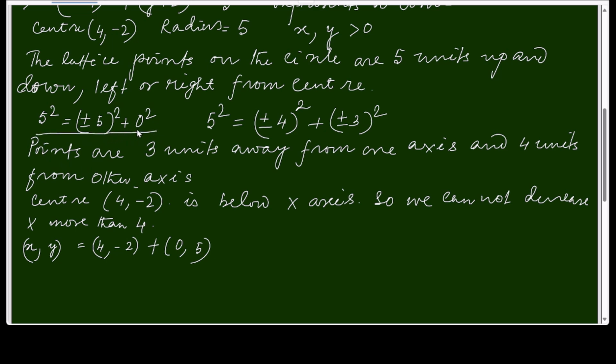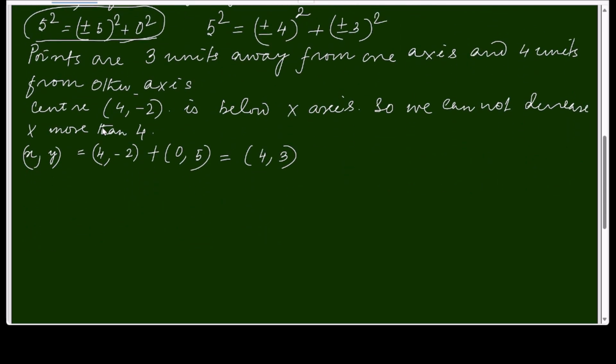Plus minus 5, 0 or 0, plus minus 5. If it will be 5 comma 0, then y will be negative. So we have to think critically in this way. So here the answer is 4 comma 3, the first value, taking out of this pair.